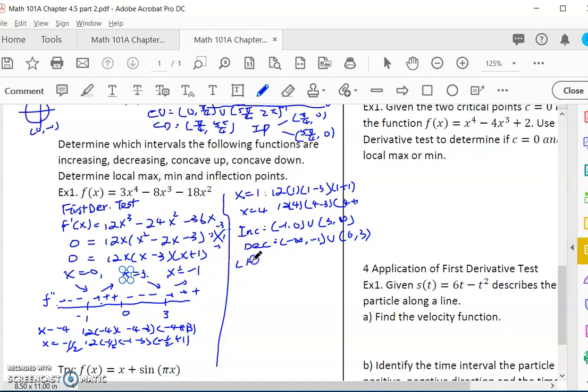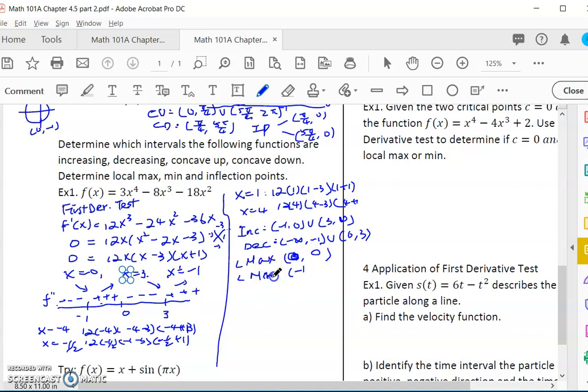Local max is the one that is 3 comma something, and local min is the point here, negative 1 comma something. Oh, wait, this one is not a max. The max is 0. Oh, if I plug in 0, that's 0.